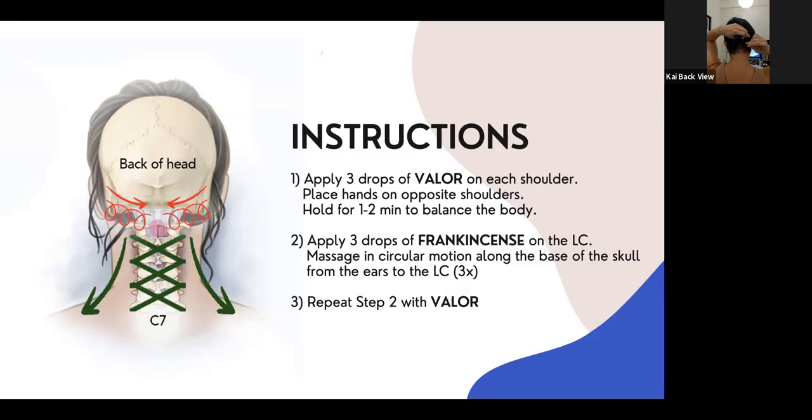Circular motion, massage to the center. And repeat. So the frankincense and the Valor applied to this part of your head, the back: number 1, delivers oxygen. Number 2, it brings a sense of calm to the body and prepares the body.